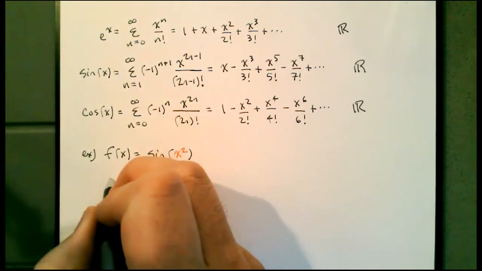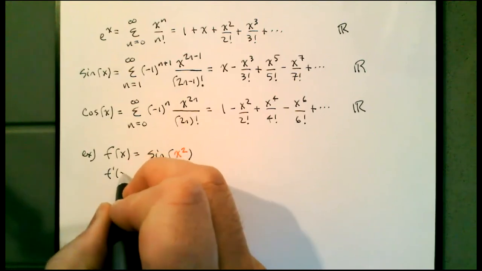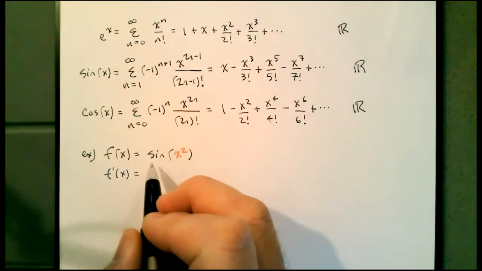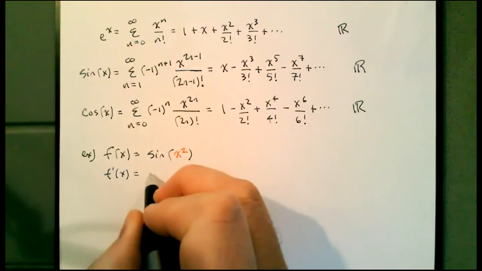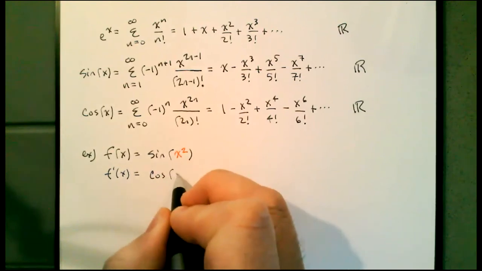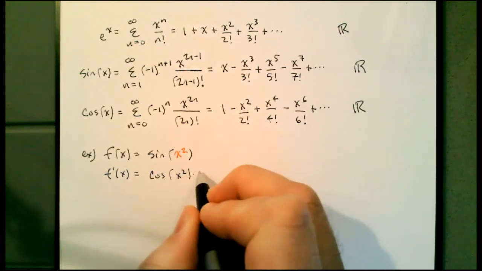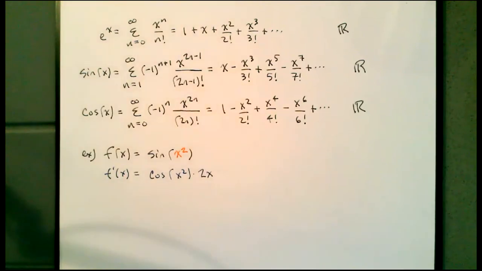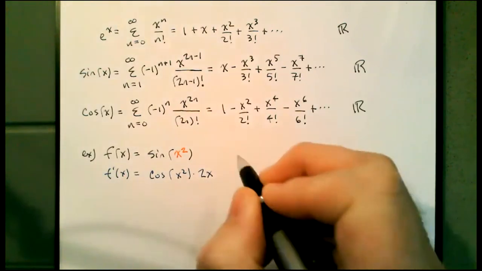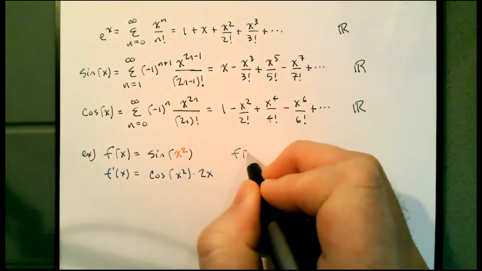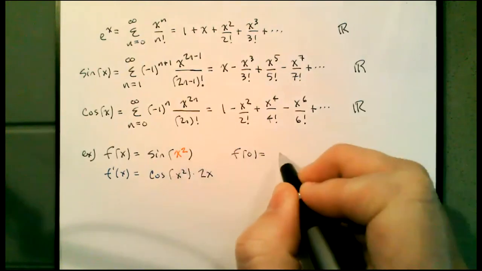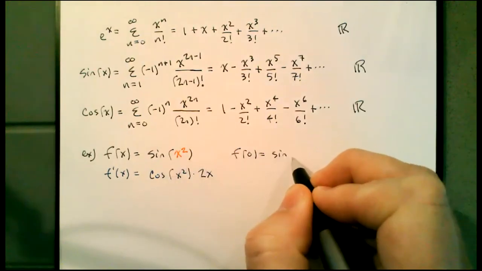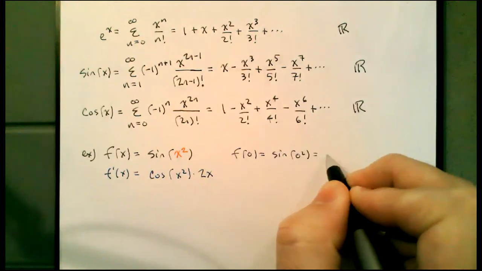So f prime of x: the derivative of sine of something is the cosine of that thing times the derivative of that thing. No problem. We need to plug in 0, so f of 0 is sine of 0 squared, which is 0.